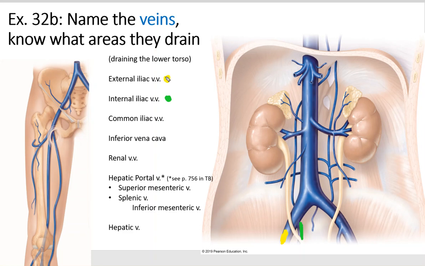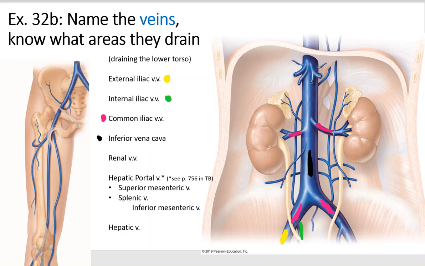External iliac, yellow, draining from the femoral vein. Common iliacs, pink. Common iliac, pink. They're all going to drain into the inferior vena cava. Inferior vena cava. We can see our renal veins right here and right here, right? And then our hepatic portal vein.